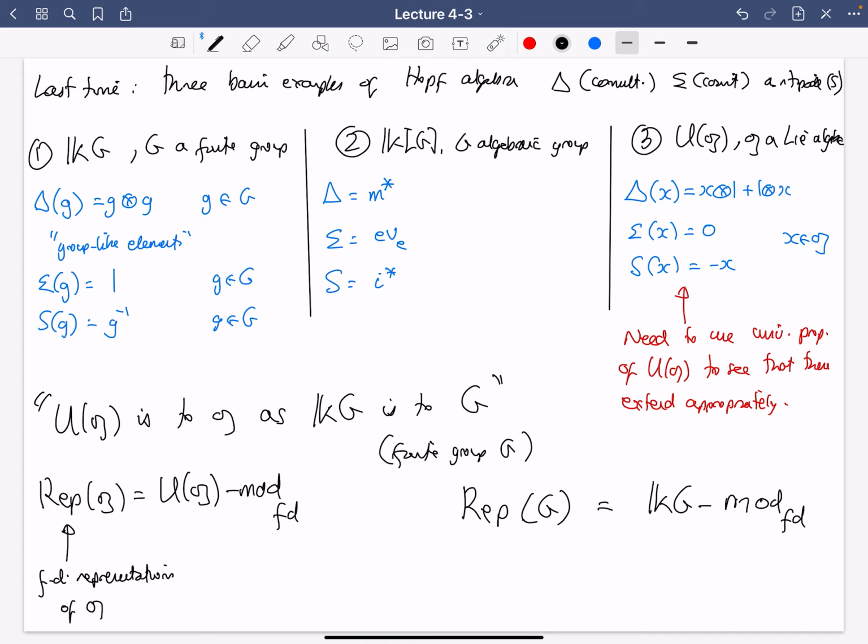So this is, of course, desirable because the general theory of modules over a ring is something we're familiar with, and this just reveals that these categories of representations of finite groups or Lie algebras are indeed just module categories over associative algebras, the group algebra or the universal enveloping algebra.